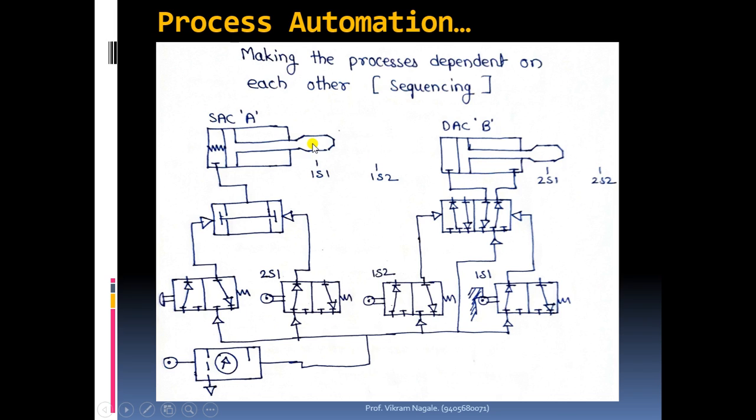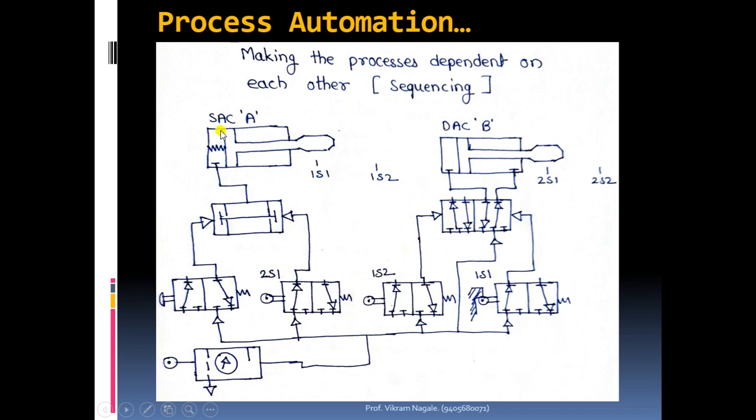That is, whenever this rod end comes to the 1s2 position, we have to start the forward journey of the double acting cylinder. In this way we'll make the processes dependent on each other.